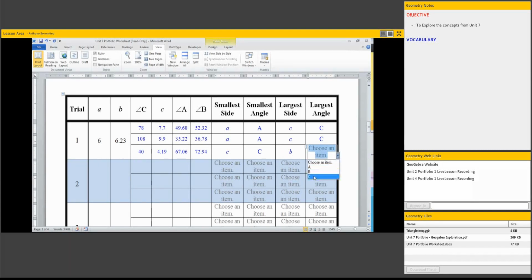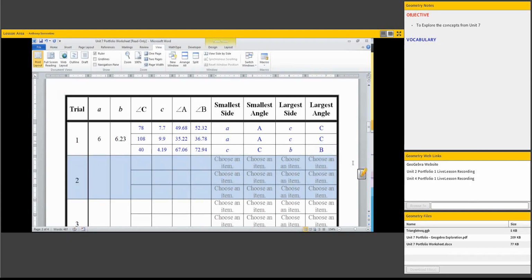Now, depending on what you choose, your answers may be a little bit different, but you should see a pattern here. You have to remember how these angles and sides work. Side A should always be opposite angle A. Side B should always be opposite angle B. Side C should always be opposite angle C. And I've seen this pattern. When I have the smallest side, the smallest angle is opposite of it. And the largest side, I have the largest angle opposite of it.